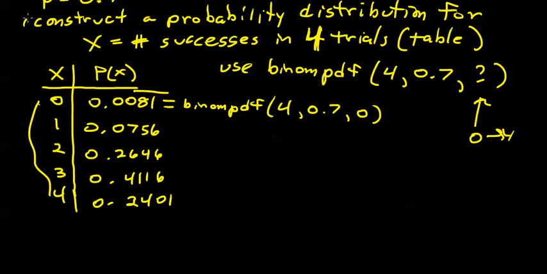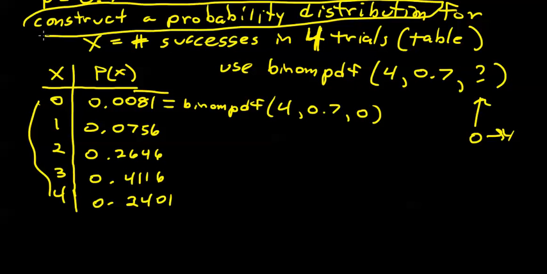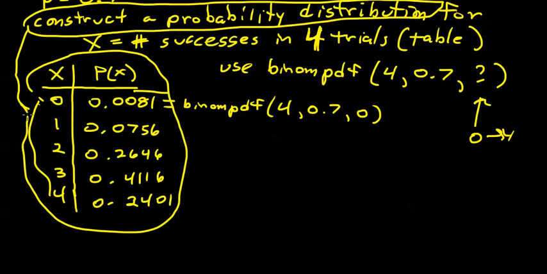So when I ask you to construct a probability distribution in this type of scenario, this table format is what we're looking for, again, in this binomial scenario. Alright?